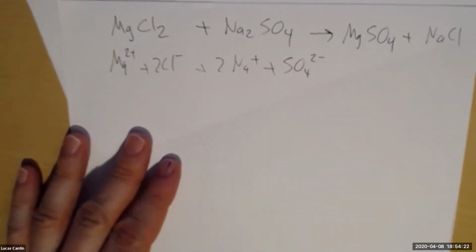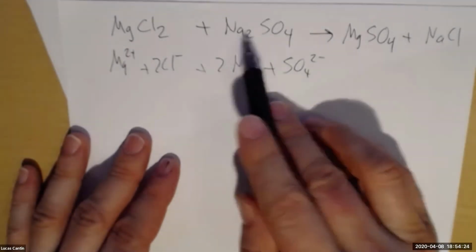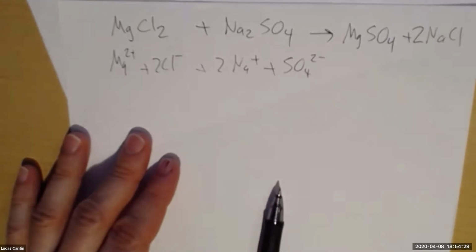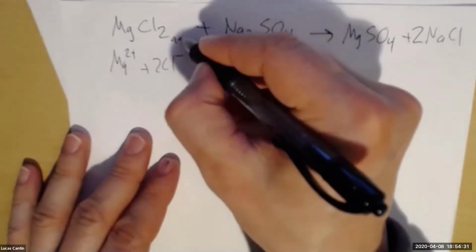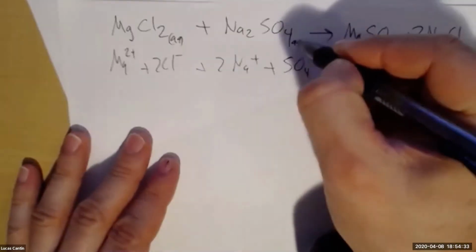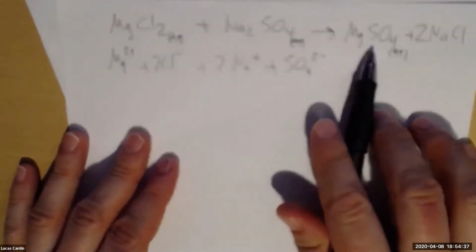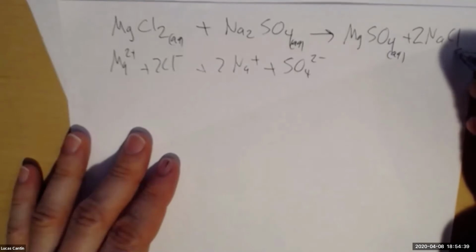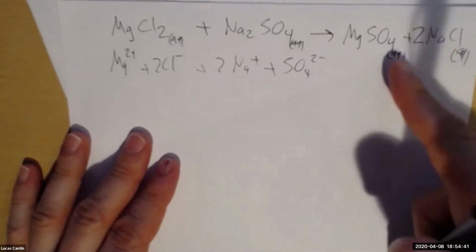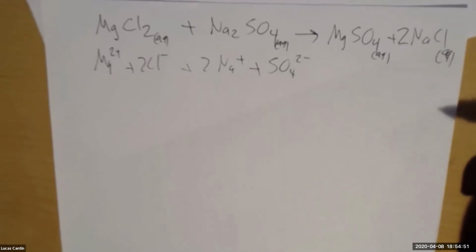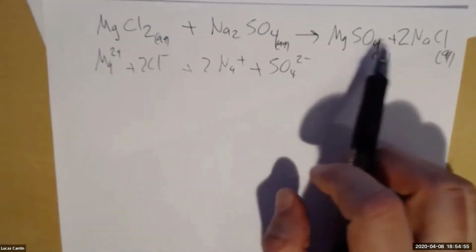And then after balancing, I'm going to see I have 2 sodiums here and 1 there. I'm going to put a 2 here. And if the reactants were given to me as aqueous, and I believe magnesium sulfate on our solubility table will be shown to be aqueous. Actually, does someone want to look up sulfate? What's the rule for sulfate? But anyways, when I go to write this, this is my balanced equation.